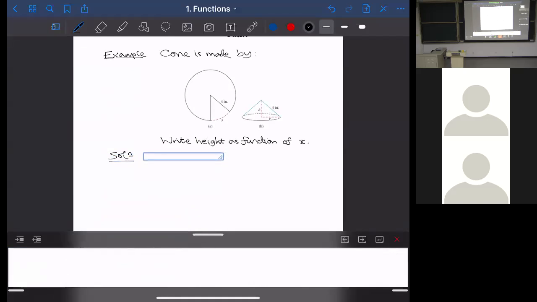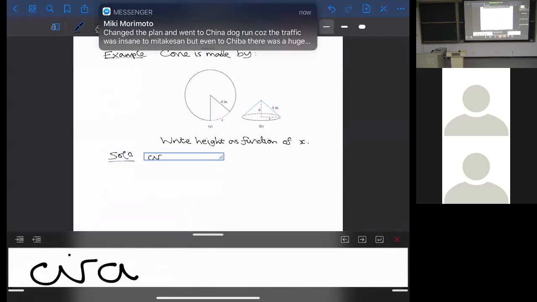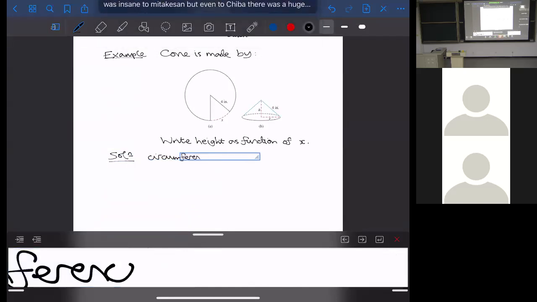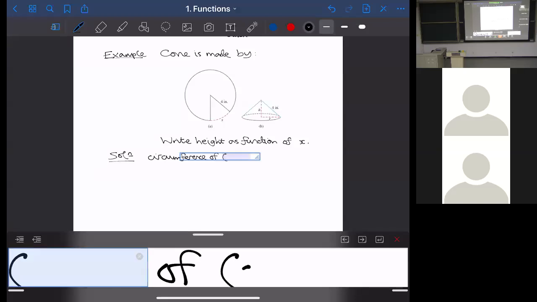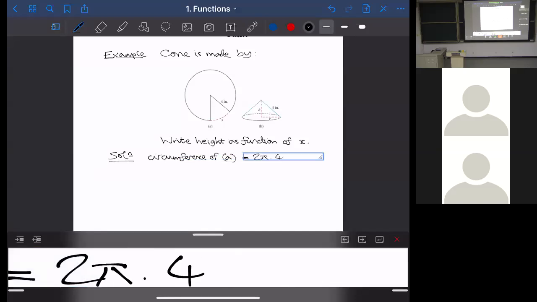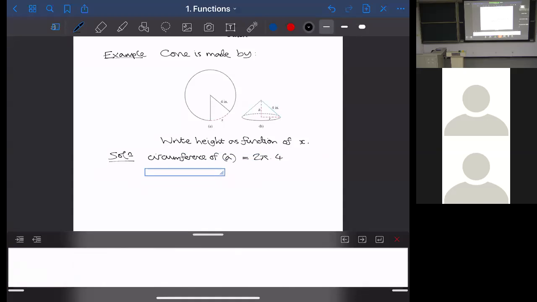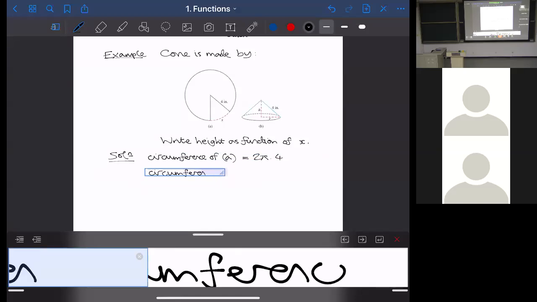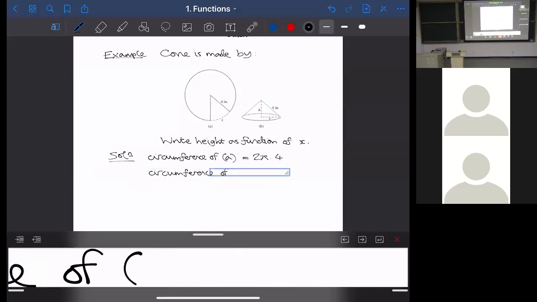So solution, the circumference of the circle in A is 2 pi times the radius, which is 4. But the circumference of the circle in B, now let's see.